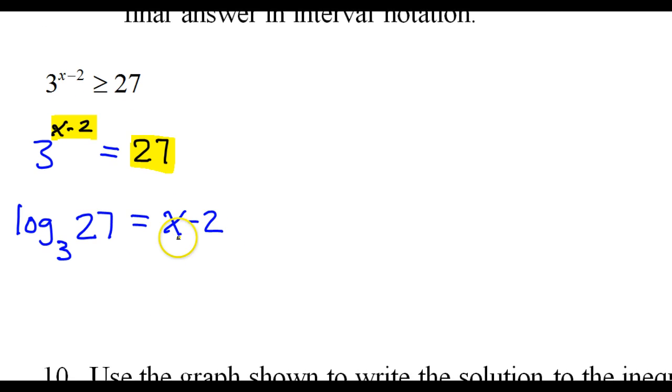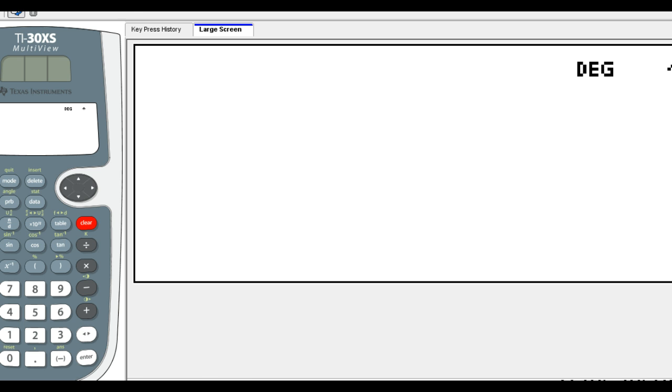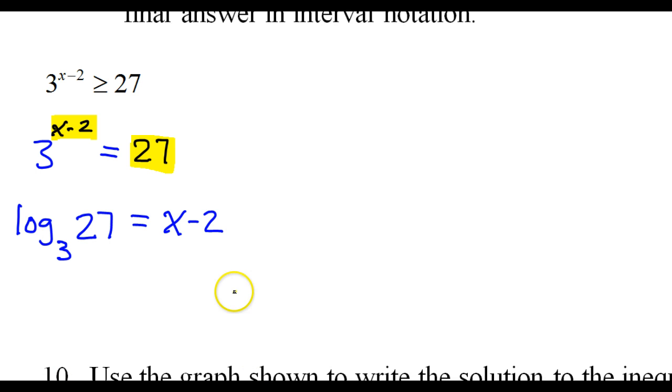Alright, so we're closer to having x by itself. Now remember, we're not allowed to use our TI-30XS MultiView. So don't get any funny ideas. We're going to have to be able to do this from the dome, using our brains.